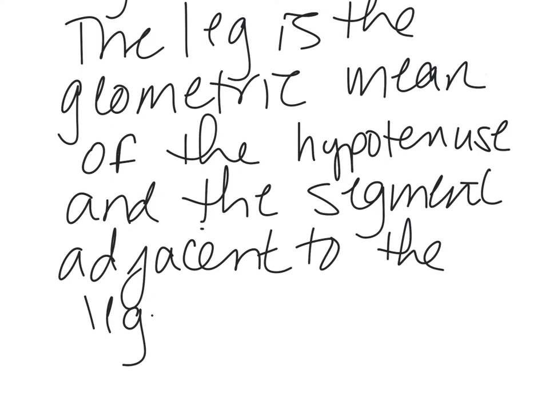Okay, so let's do one more using the theorem. Let me find an example here. Oh, what is a good one? That's an altitude. Oh, here's a leg. So I am going to be looking for this leg. That's a right angle. That's the altitude, so that's a right angle.